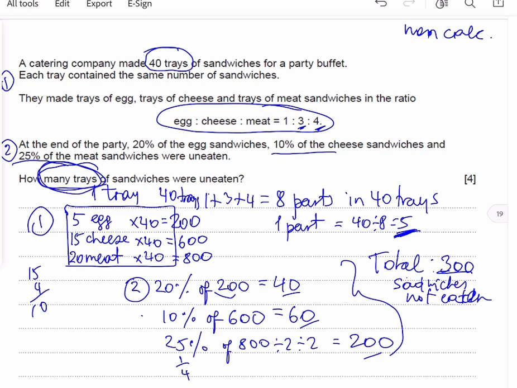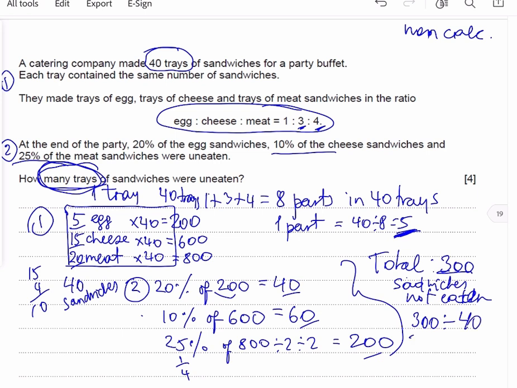You can see from the picture that is 5 plus 15 plus 20, 40. So we're going to divide 300 total number of sandwiches by 40. So we've got 40 sandwiches per tray. And that will give us how many trays we have.